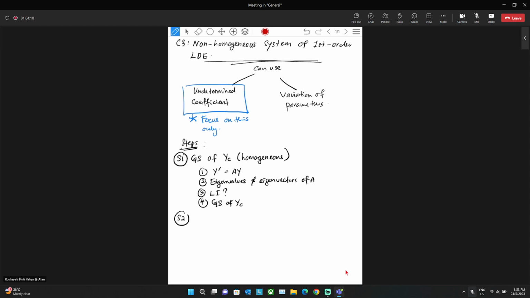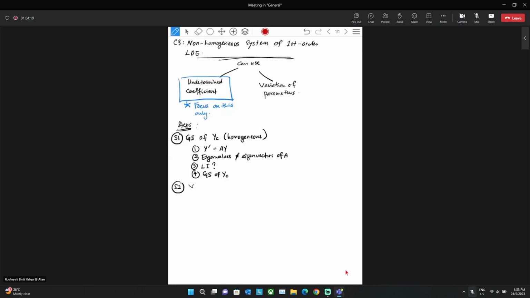Step 2, you need to find YP for non-homogeneous by using undetermined coefficient.